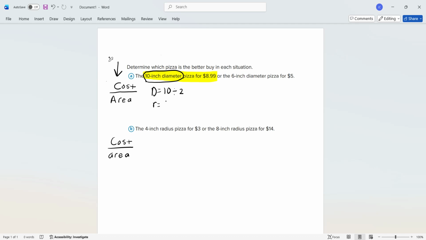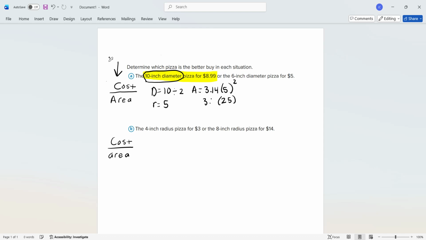When I divide 10 by 2, I get 5. So now I know what my radius is, and all I have to do is solve for my area. Area equals pi times r squared. Pi is 3.14, and my radius is 5, and we have to square that, because remember, it's pi r squared. So 5 squared is 5 times 5, which gives me 25.